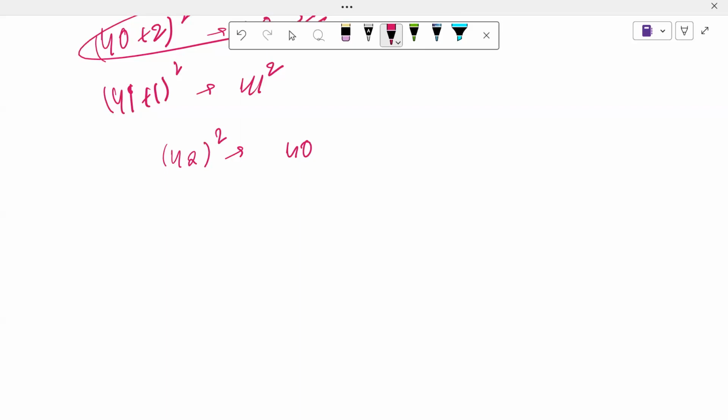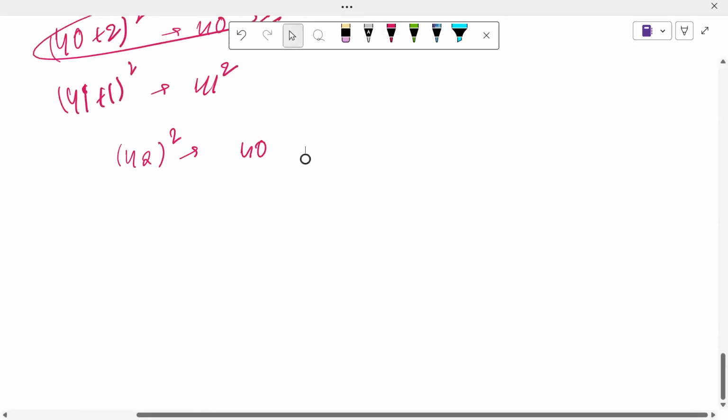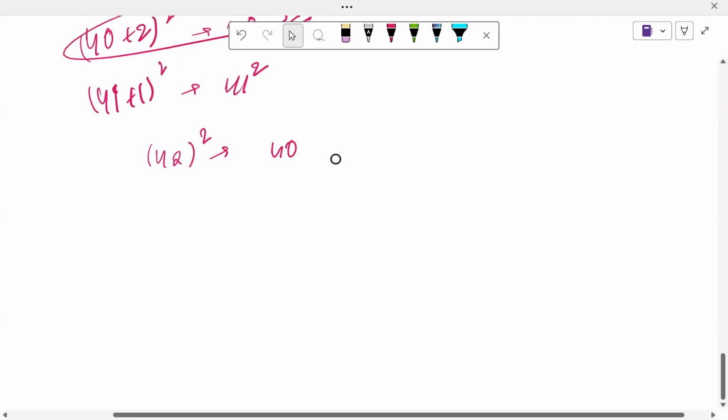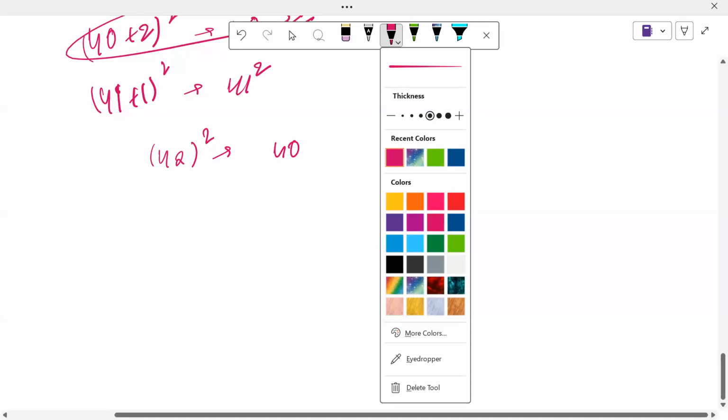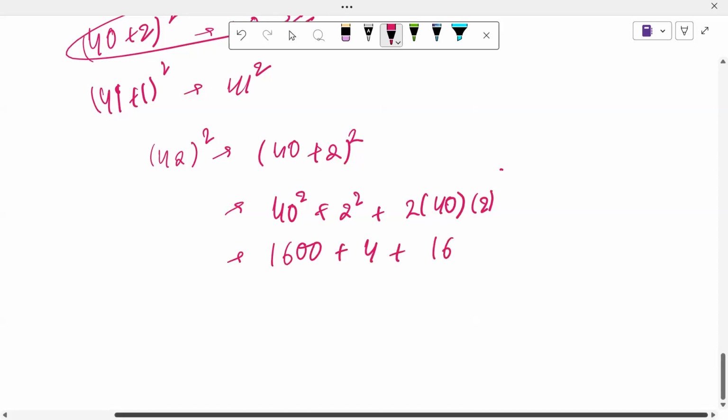We are discussing. See, 42 square comes out to be 40 plus 2 whole square. You solved it as 40 square plus 2 square plus 2 into 40 into 2. 40 square comes out to be 1600 plus 4 plus 160.